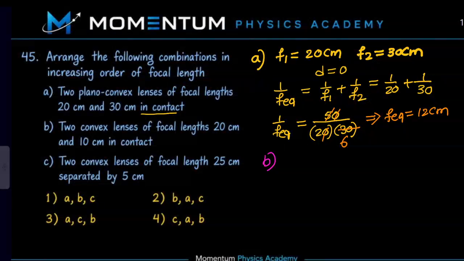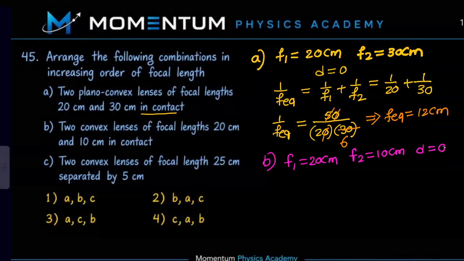Second case, they given two convex lens of focal length 20 and 10. So that means they given us F1 value 20 and F2 they given as 10 and D value they given 0.